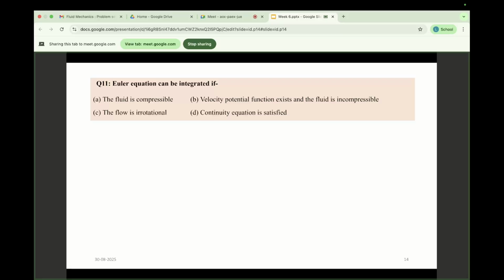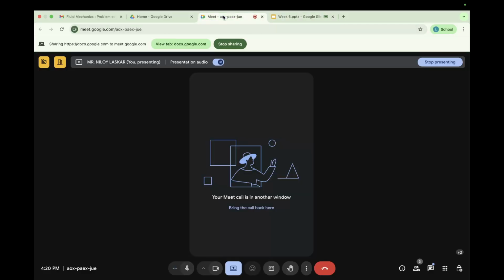So this is a tricky one. You need the fundamental basics, and you need to remember a lot of things to answer this one. So first you try, and after that I will solve this one for you. So I'm giving you 1 minute time.